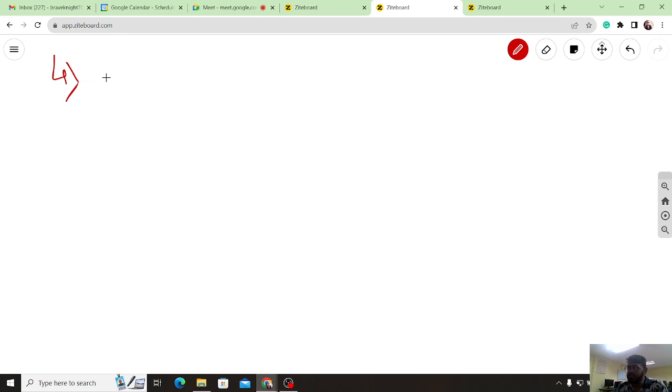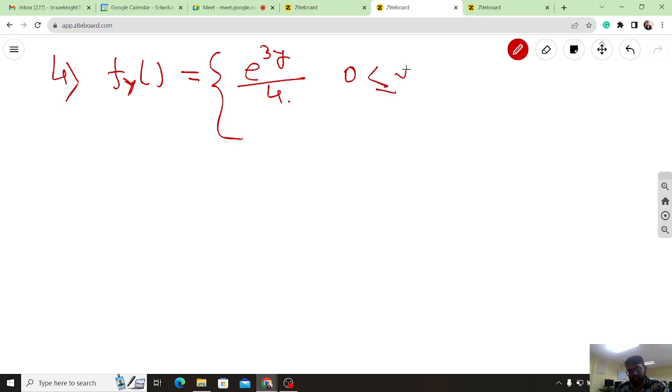Question number 4 says we have a function that depends on the random variable y, e to the power 3y by 4, such that y is between the interval b to 0 and otherwise 0.